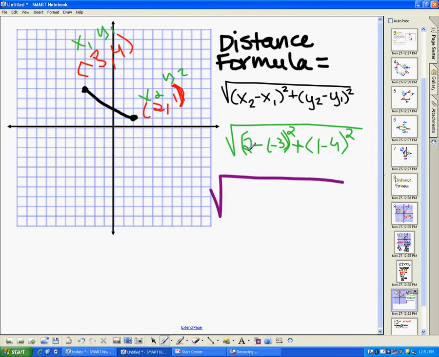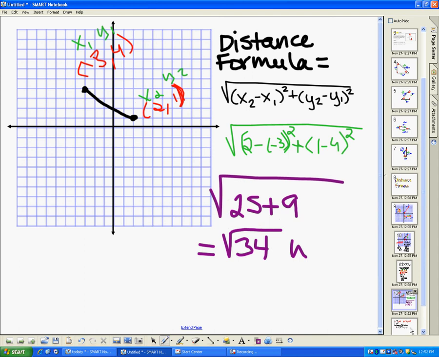Alright, so 2 minus negative 3 is 5. 5 squared is 25. 1 minus 4 is negative 3. Negative 3 squared is 9. So this is going to be the square root of 34, which cannot be simplified. So this is your answer. Whatever the unit is, you would just say units. The distance between these 2 points is the square root of 34, and then whatever the units is.